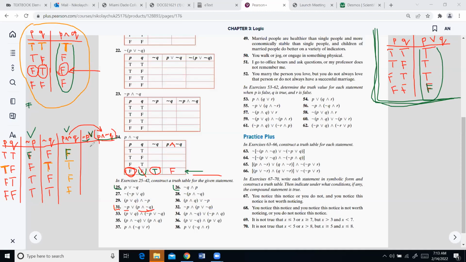That's the only possibility for the false because others have one true, like for the next row, I have true here, or for the previous row, I have true here, or for row number 1 again, I have one true. So it looks like there's only one false and true is everywhere. So that's it. I got my answer.